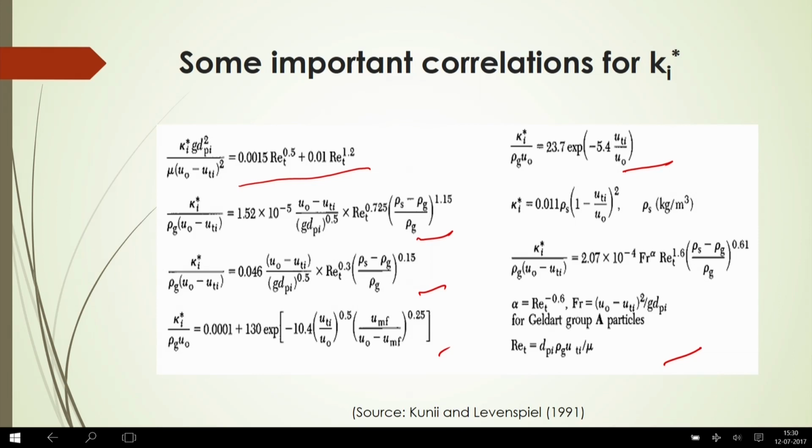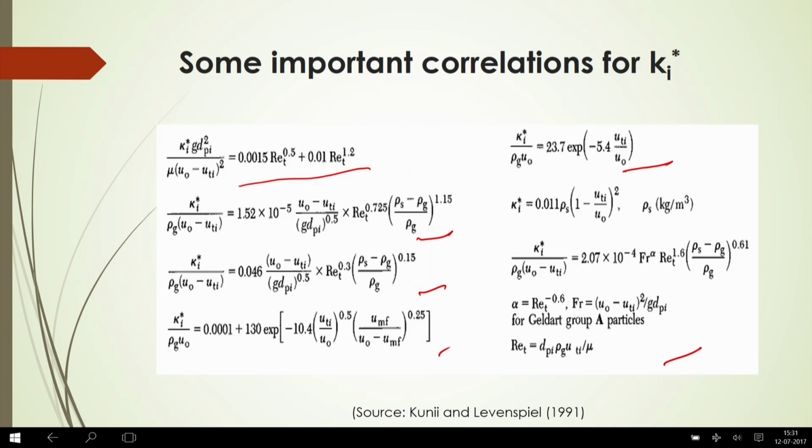Different investigators have correlated K star with the experimental conditions, like the terminal velocity of the particle, particle diameter, velocity of the fluid, density of the gas, density of the solid, minimum fluidization velocity, and the terminal velocity for that particular class of solids, and also the significant groups.